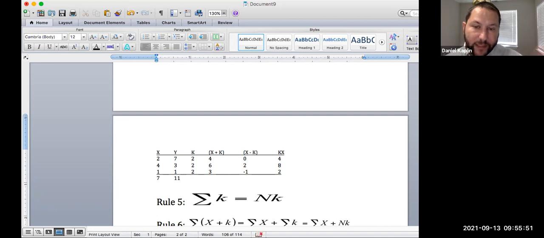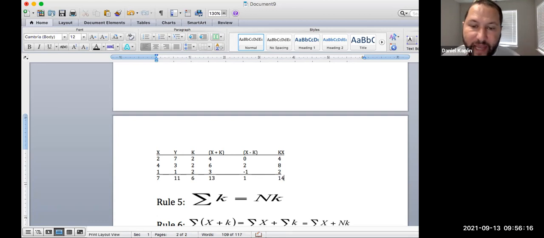K column, we have 2 plus 2 plus 2 is 6. X plus k is 13, right? 4 plus 6 plus 3. X minus k is 1. And then k times x column, we have 14.